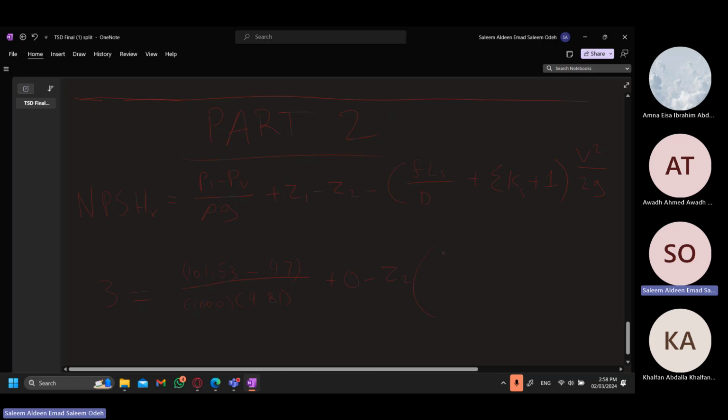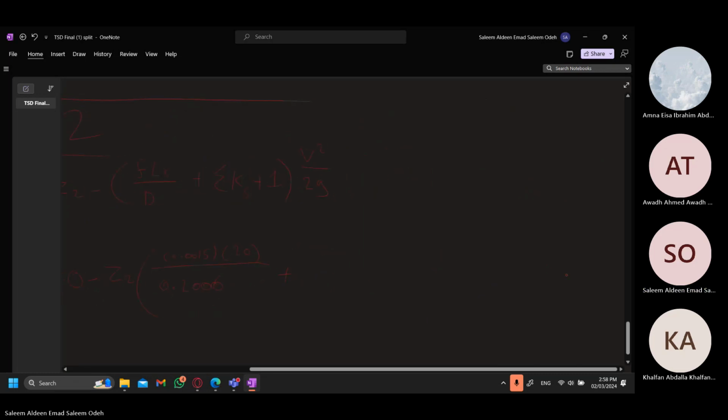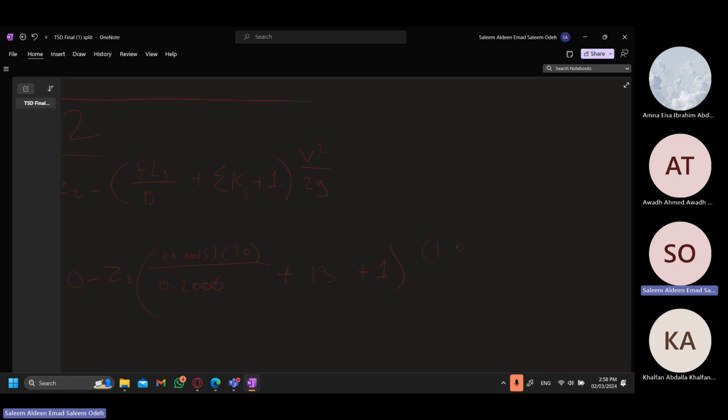The friction factor is 0.0015. The length is 20 meters. The diameter is 0.2006, plus the summation of K that they gave us, which was 13, plus 1. The velocity was 1.8 meters per second, squared, over 2 times 9.81.